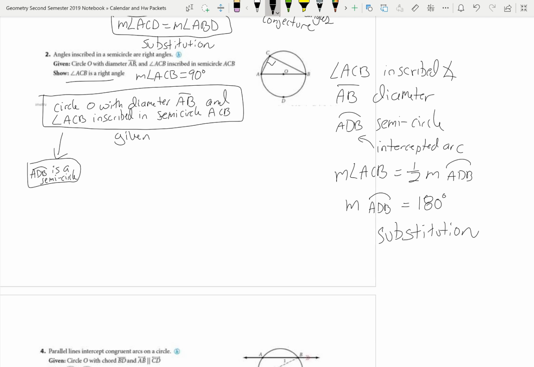And from here, we can also say that this is going to be the IA conjecture.